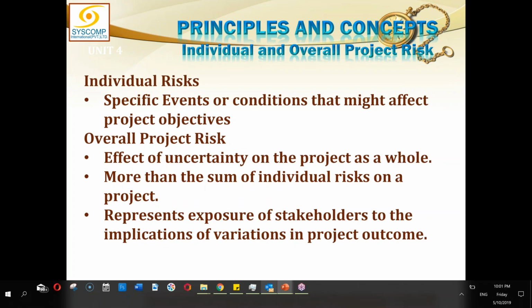Yes, sir. Okay. Then we have also talked about the individual and overall risk. Let's talk a bit more about it. Individual risk is one specific event or condition that might affect one or more of our project objectives. One single risk.